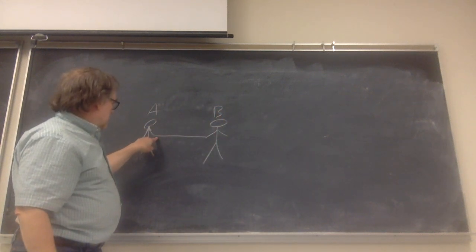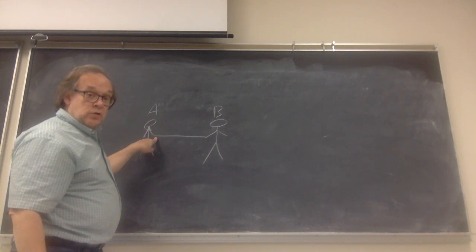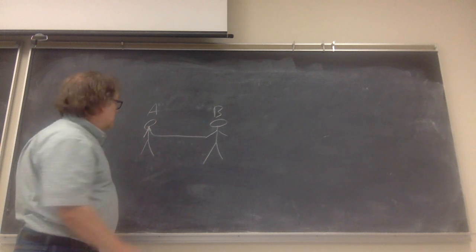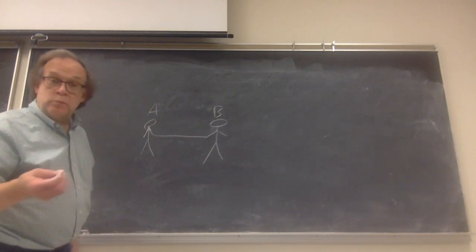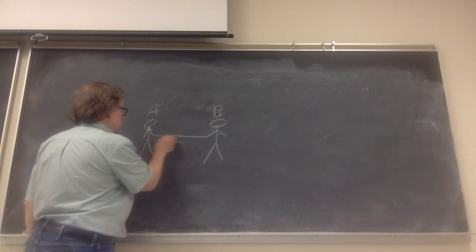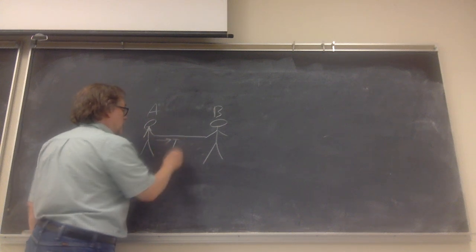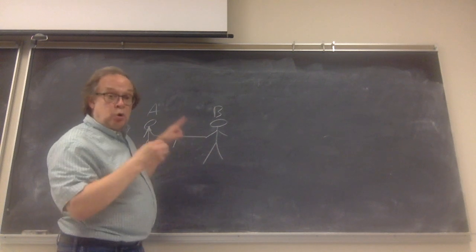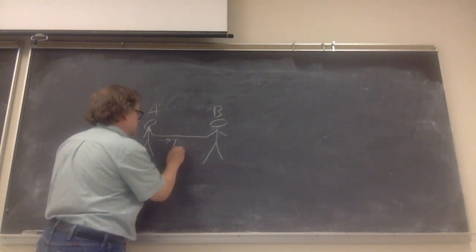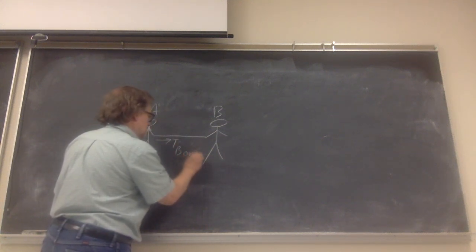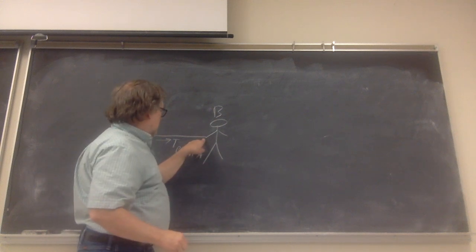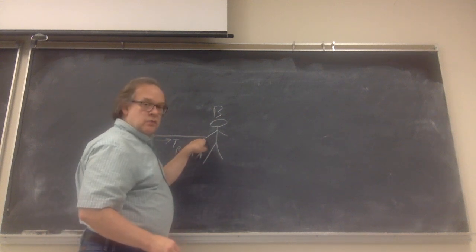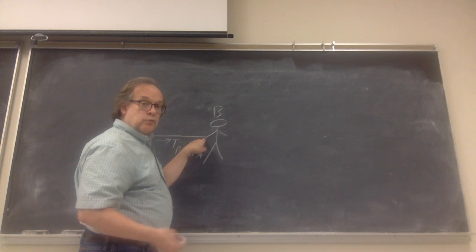And Team A feels a rightward pull from the rope. Pull from a rope is tension. So here's a tension from, it's really Team B pulling on Team A. And then Team B feels a leftward pull from the rope tension.